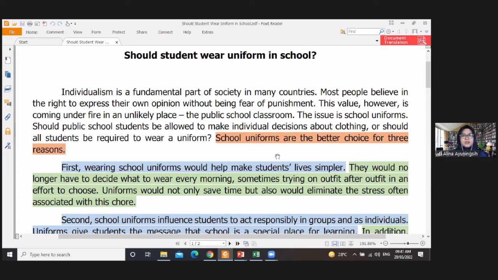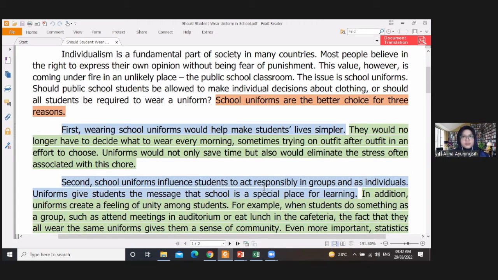Jadi kita nggak ada lihat statement dari author yang menyebutkan kalau kita harus accept, harus menerima the author's claim, the author's opinion. Di sini nggak ada reason. Ini beda dengan reason yang ini. Kalau yang ini adalah thesis statement, tapi reason kenapa kita harus menerima author's claim itu tidak ada di sini. So, kurangnya adalah di sini nggak ada reason. And reason itu nggak harus selalu ada di semua argumentative essay.